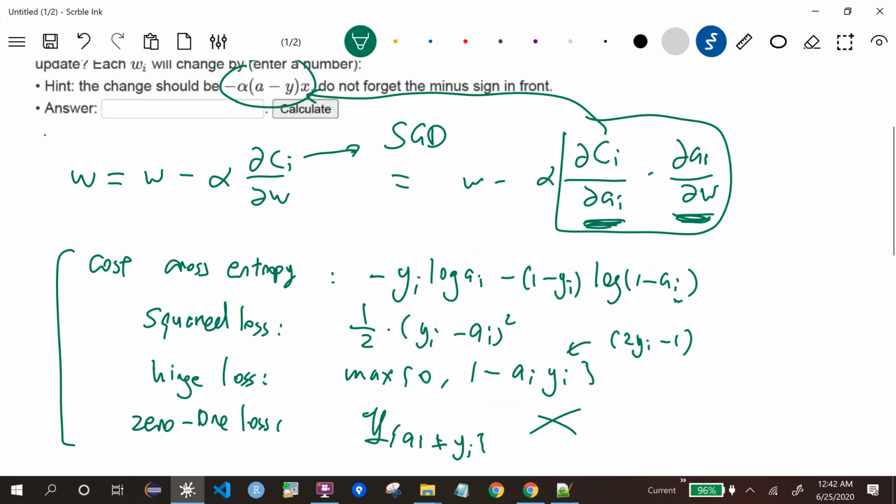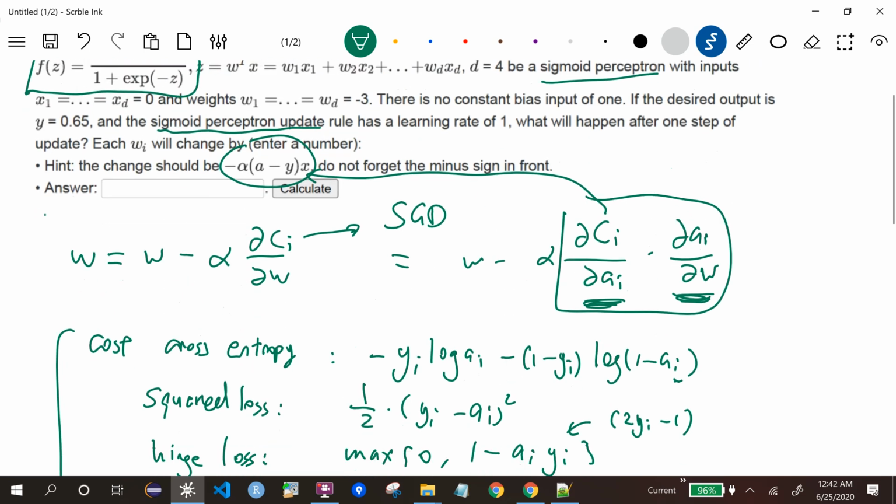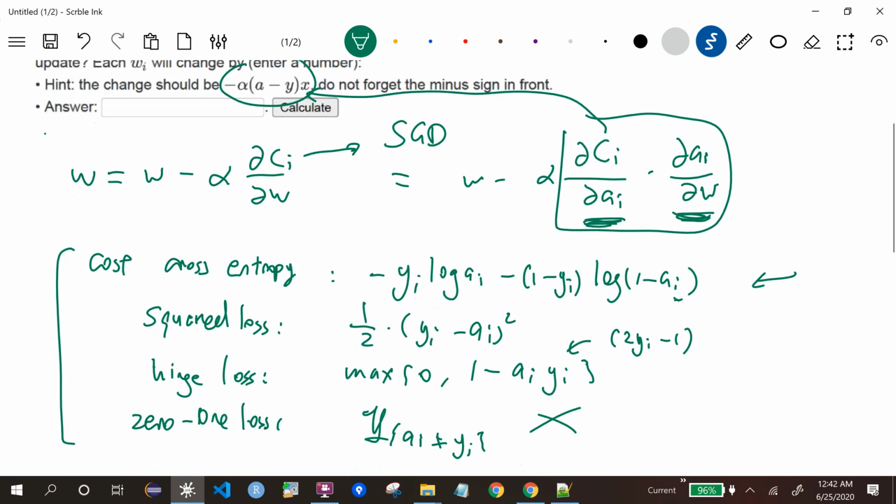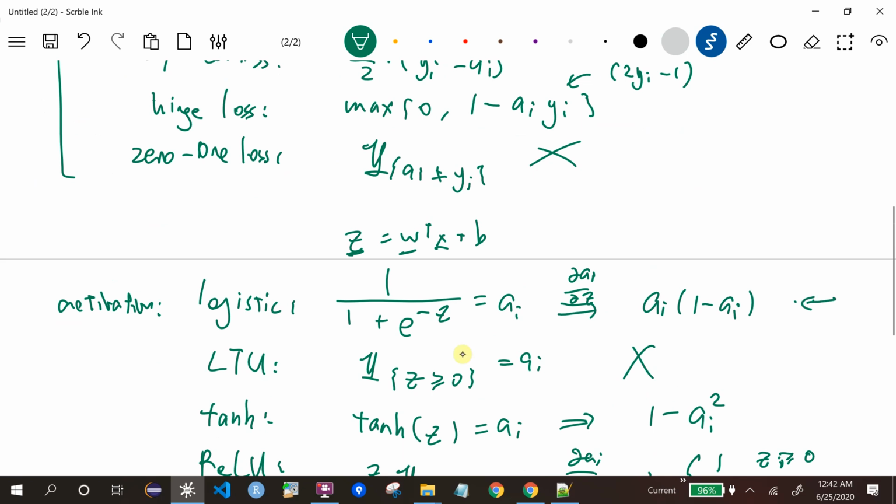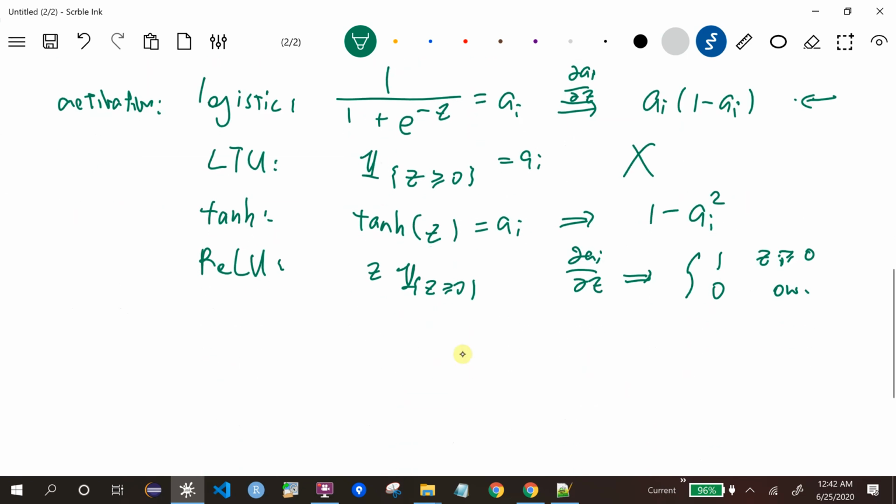So let's actually do the one that we have here, the cross entropy combined with our logistic. The goal is finding minus alpha dC_i/dA_i and dA_i/dW. First, the cross entropy derivative, I spent a long time during the lecture talking about this, so I'll write that down quickly.